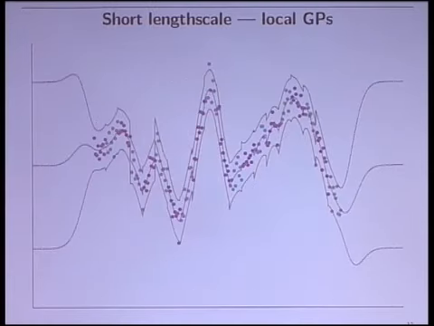Whereas, if you tried a local regression approach, and this is the crudest of local regression approaches, where we just divide the data into blocks, denoted by the alternating colors here, and at test time we just assign a test point to its nearest block, and we use a local GP regressor.